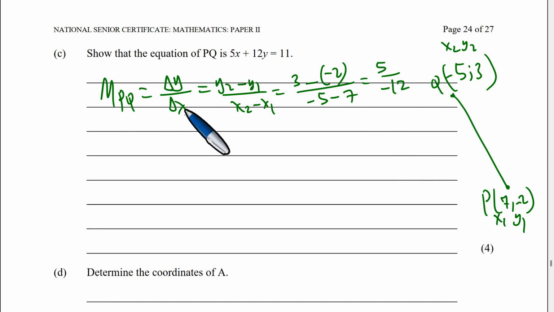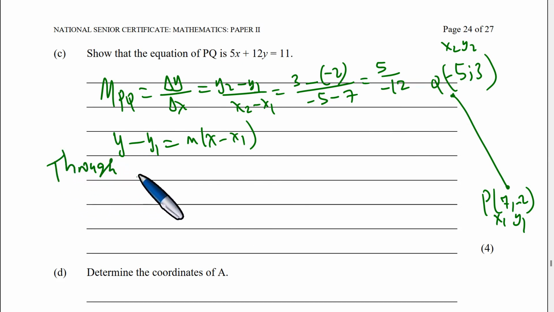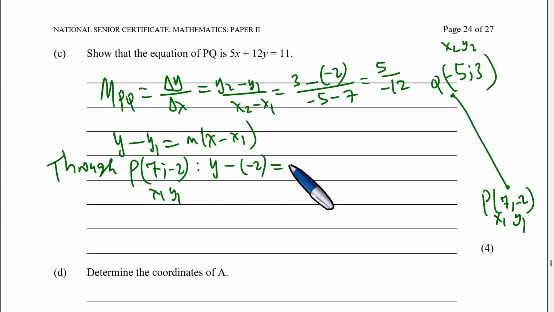And therefore, you use the formula y minus y1 is m into x minus x1. Obviously use any of the points. This line passes through both points, P and Q, so use 7 and minus 2. So y minus y1, which is y plus 2, equals m, which is minus 5 out of 12, times x minus 7.